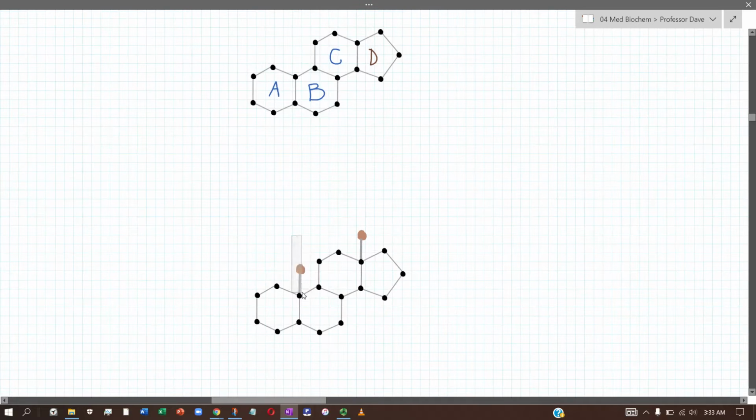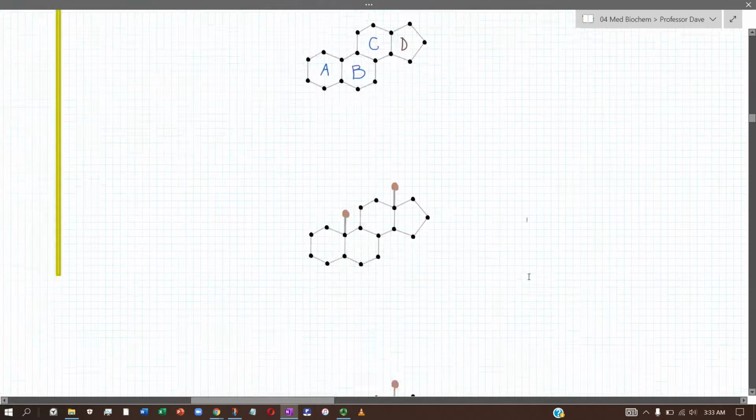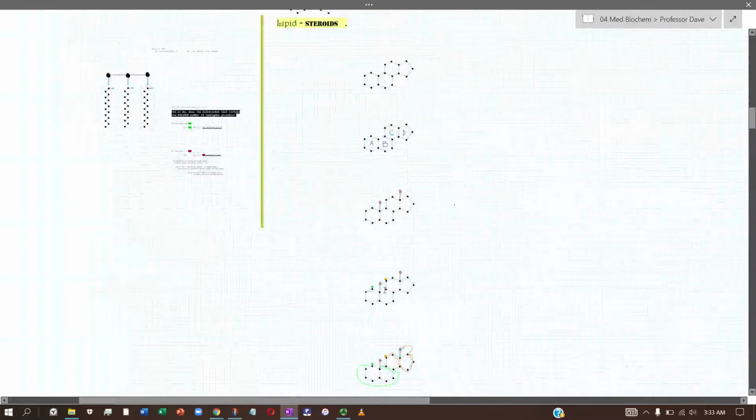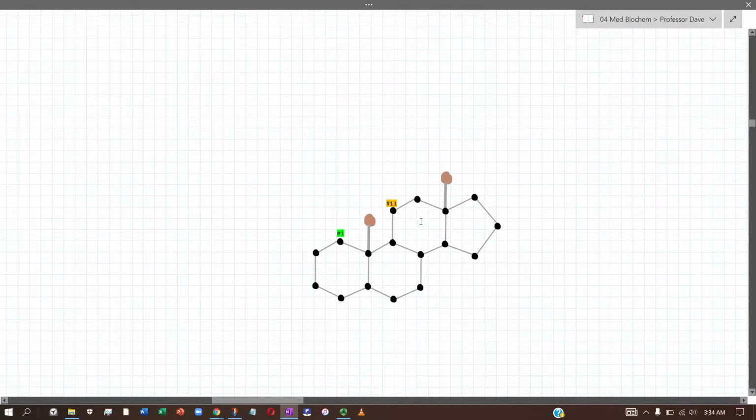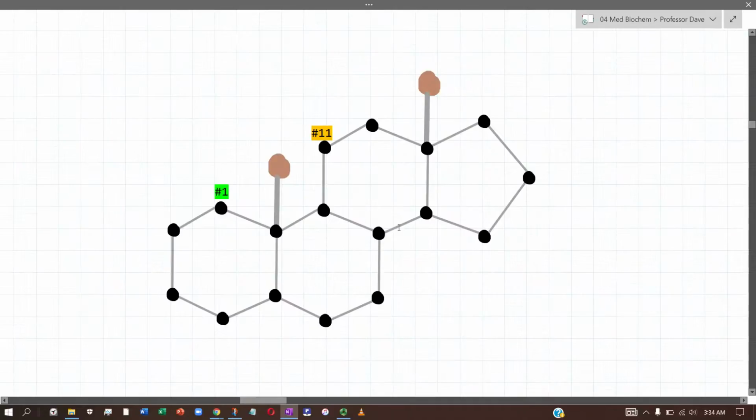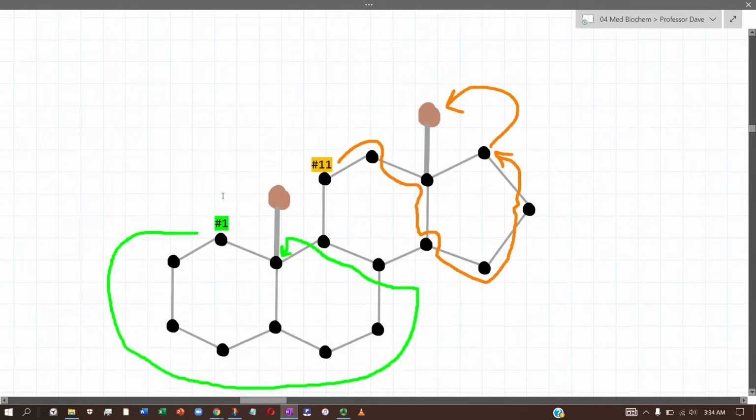What else is important about this? You have to know the specific way to number this ring system. Always think of this carbon right here, just memorize it, as carbon number 1, and then memorize this carbon right here as carbon number 11. Having put this into rote memory, we can move forward to more details.